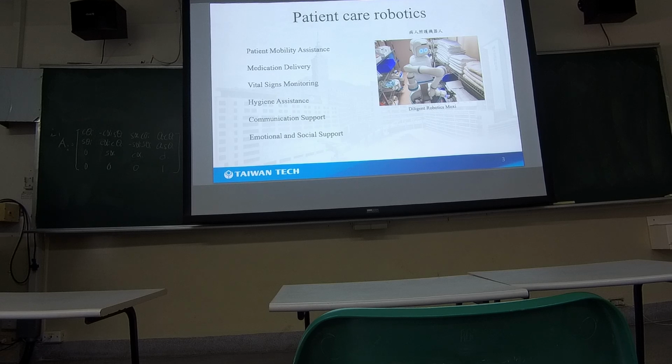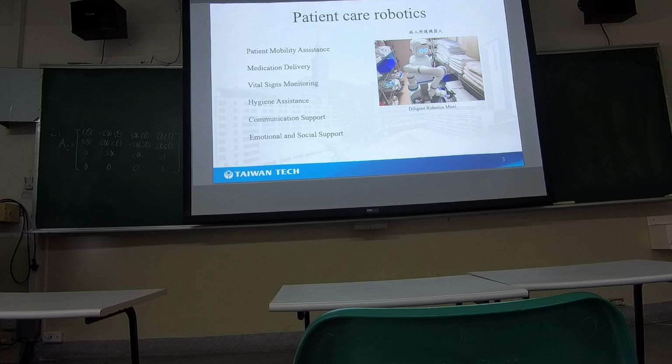Many robots are specialized robots designed to assist nurses in delivering patient care. This is a key function. One is patient mobility assistance: robots can help patients move from bed to wheelchairs. Two is medication delivery.